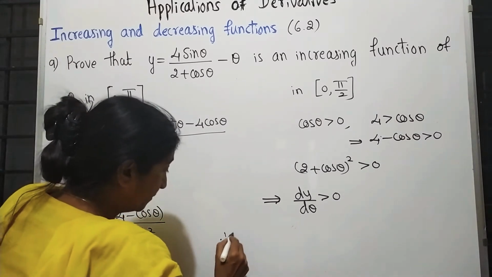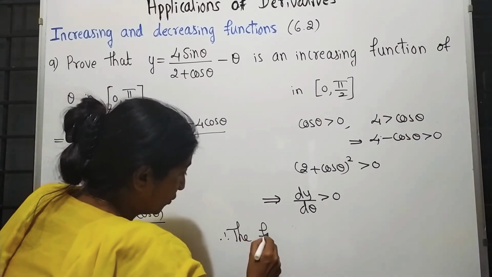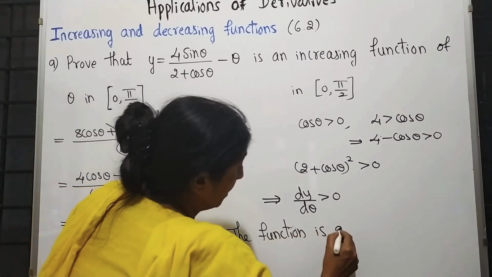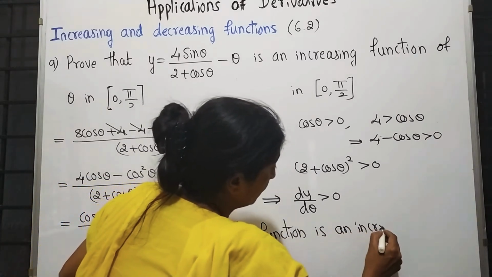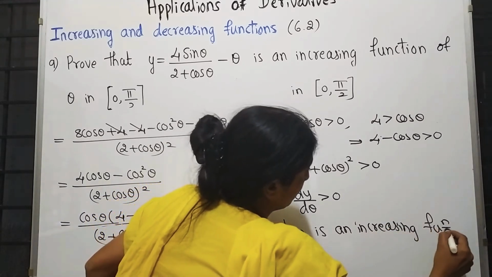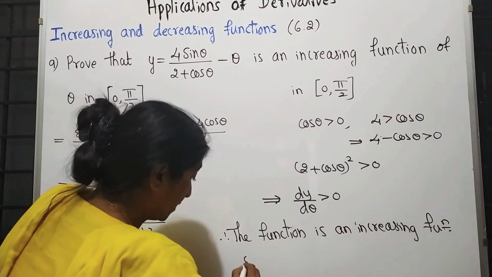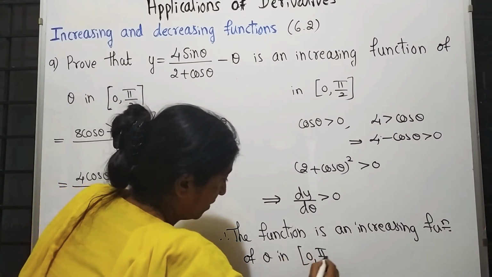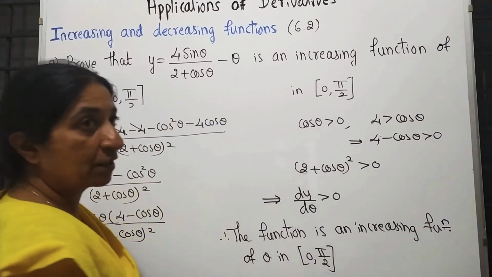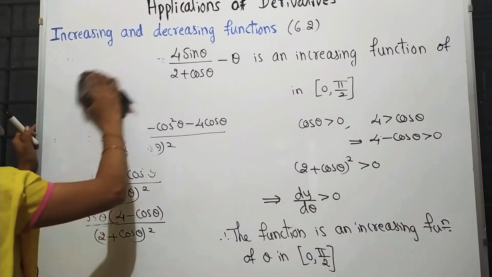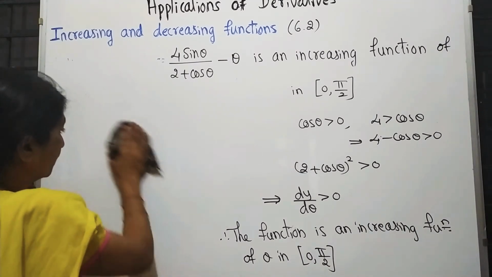Therefore the given function is an increasing function of theta in 0 comma pi by 2. See, is it interesting and easy or what? Yes. Moving to the next question, that is question number 9.